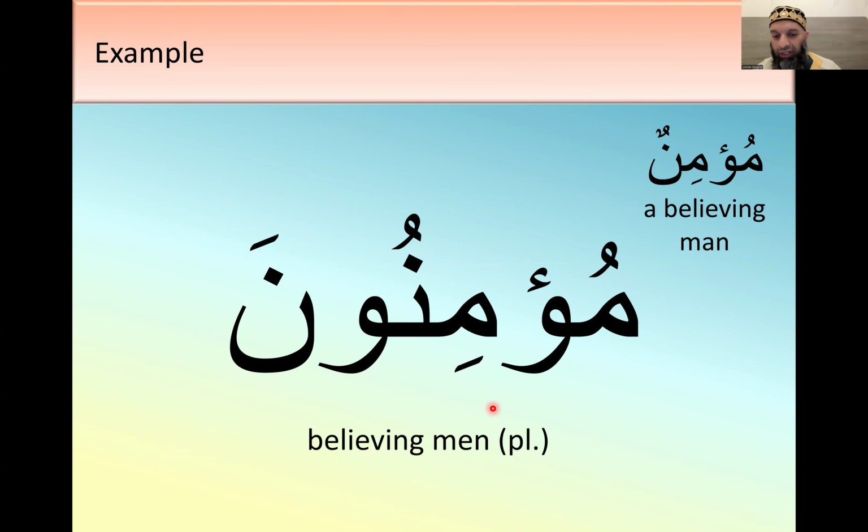Yes, women could be included in that too. But that's why I just put here believing man. So believing men. Are we happy with that? Yes, believing men, plural. Next one.